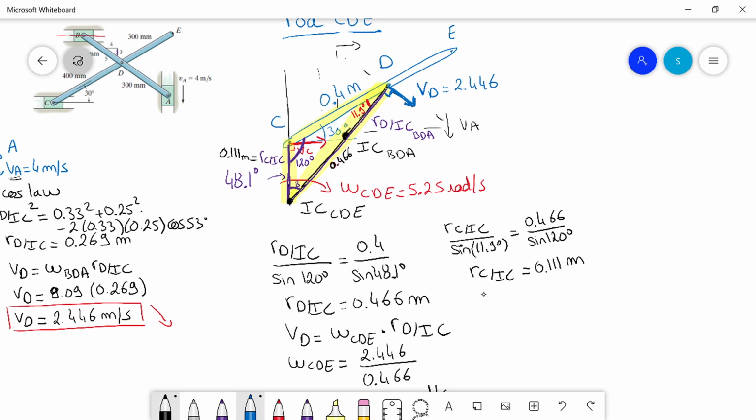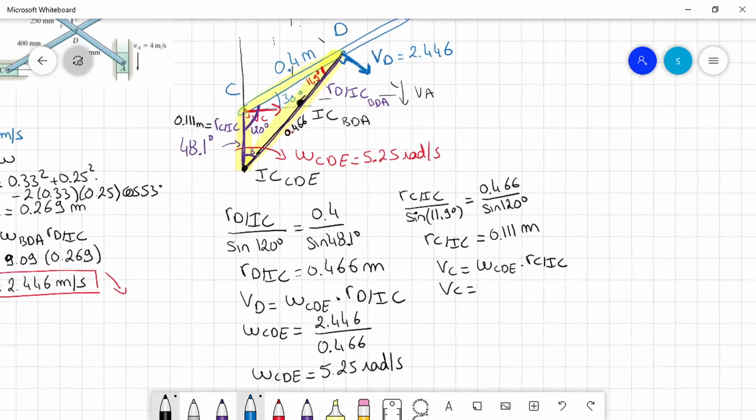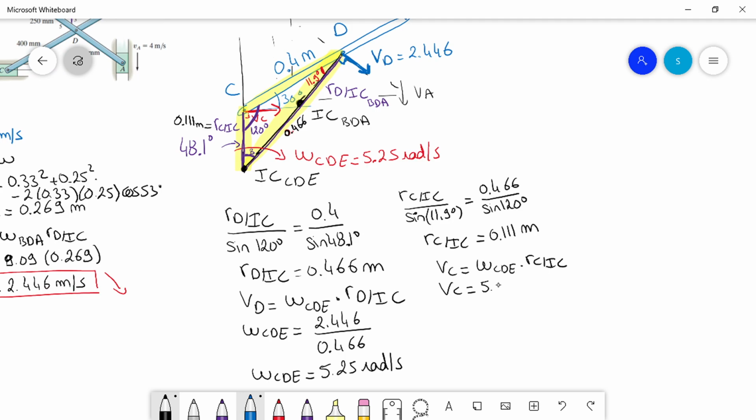And we can find VC, which is equal to omega CDE times RC about IC. So VC is equal to 5.25 times 0.111.